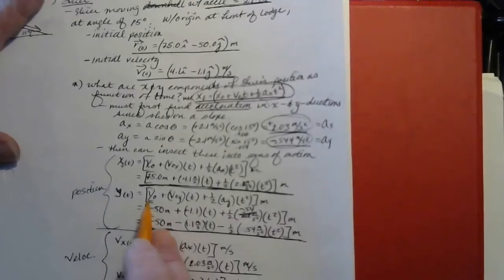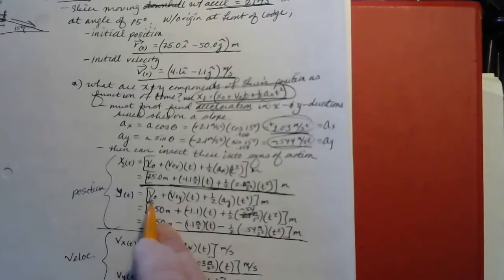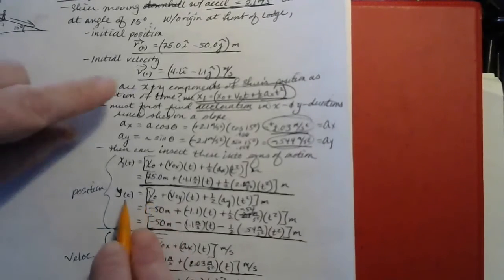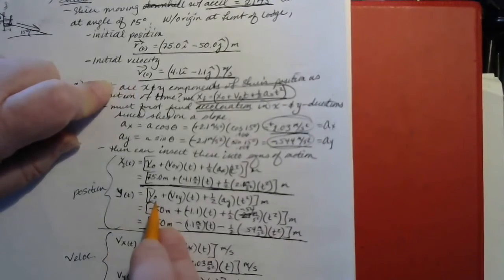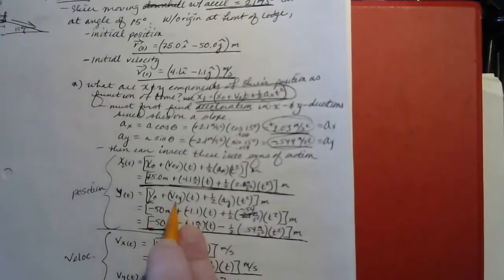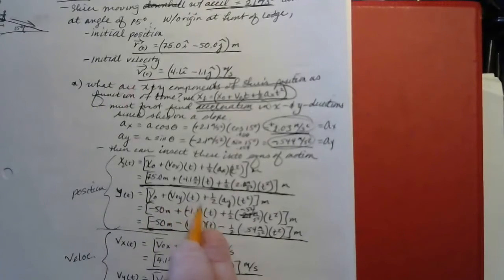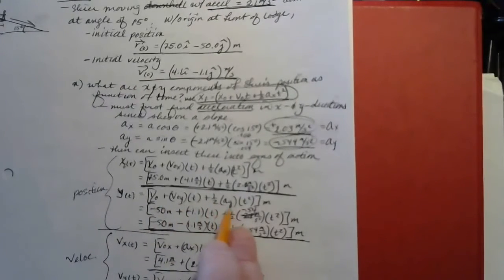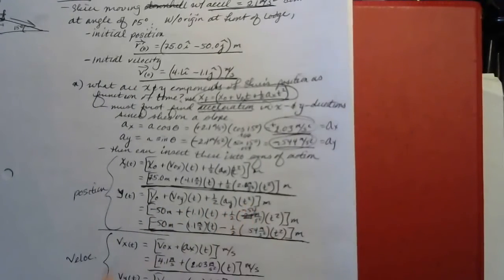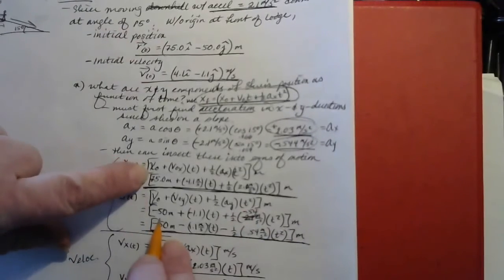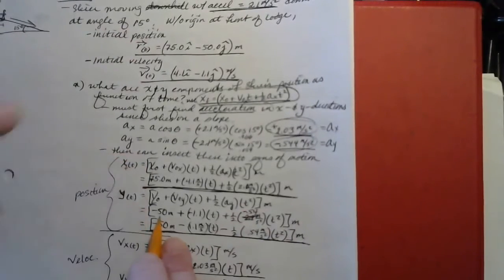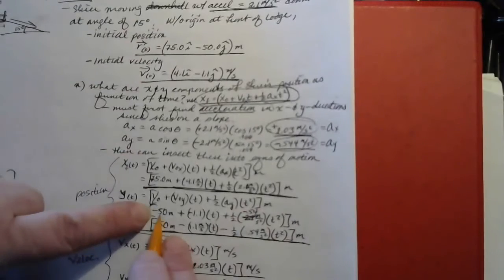For y, we use again the same equation, only all of the x's are replaced with y's. So the y position at any given time should be y original plus the original velocity in the y direction times time, plus 1/2 the acceleration in the y direction times time squared. But you've got to remember, you're not using the same numbers you used for the x direction, because x and y are independent of each other.